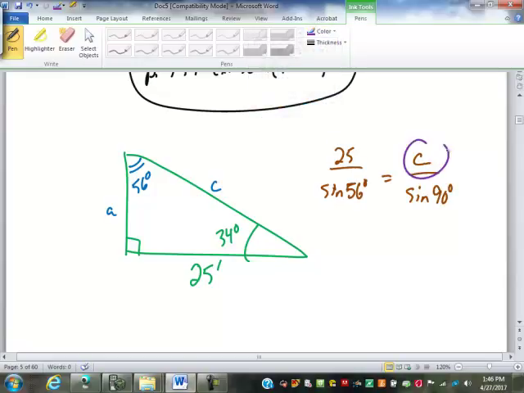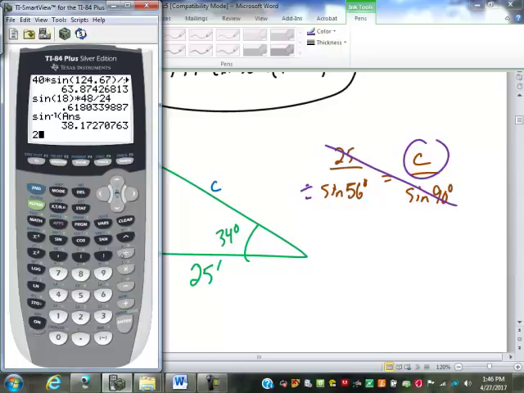I can find side C. Sine of 90 degrees, by the way, is 1, but it doesn't matter. It still works. So 25 times 1 divided by the sine of 56 degrees. 30.155.